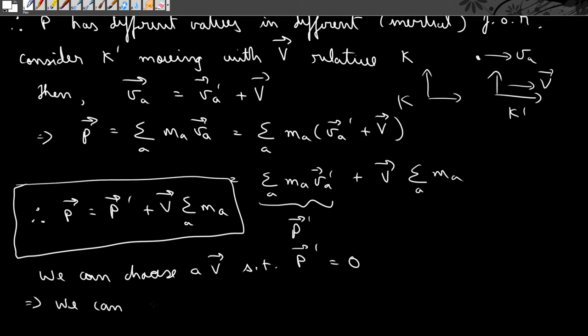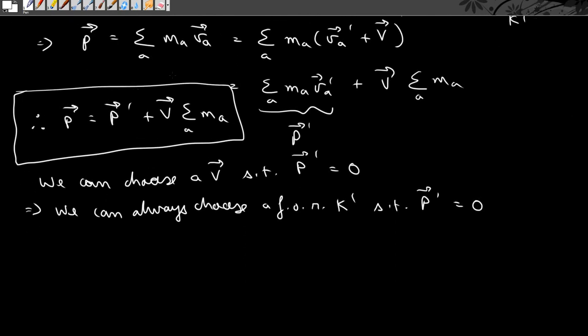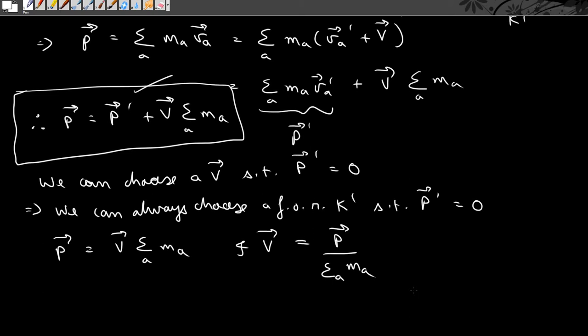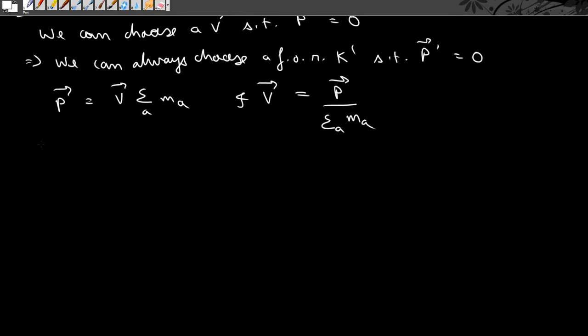So if we set P dash equal to 0 in this equation, we get P equal to V times the summation over A of m_A, and V is given by P divided by the summation over A of m_A.